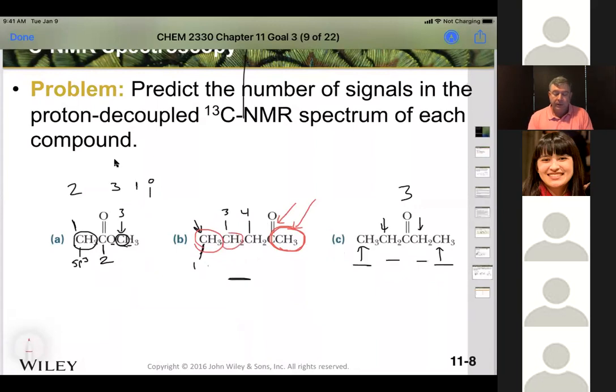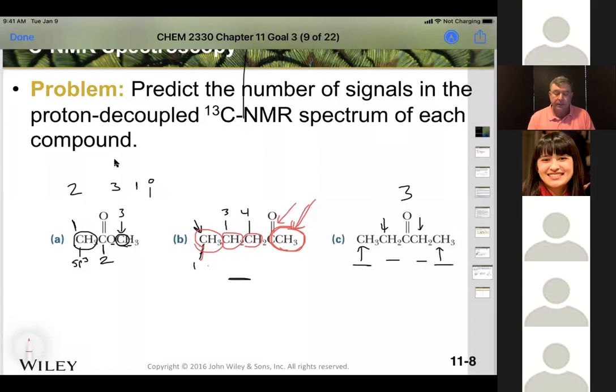But all three of these, all of the ones with hydrogen on them, are still going to be in that 0 to 50 range. But this one, I just happen to know it's a little bit higher. Is the CH3 higher than the CH2 attached to the carbonyl?